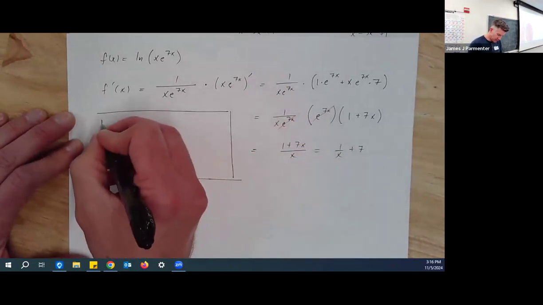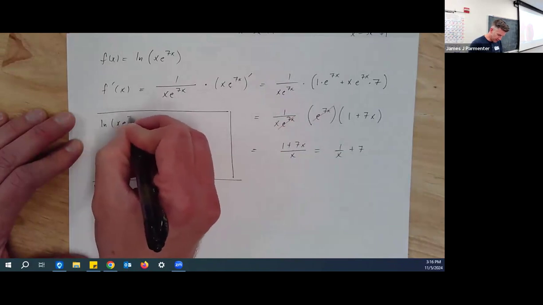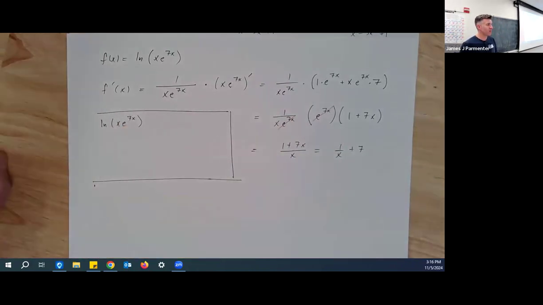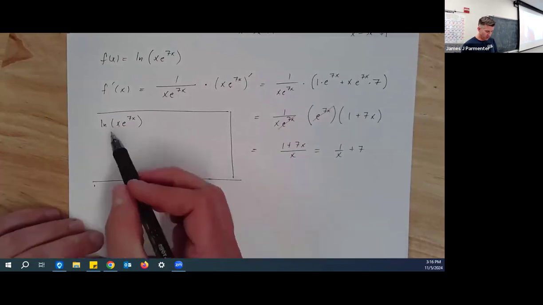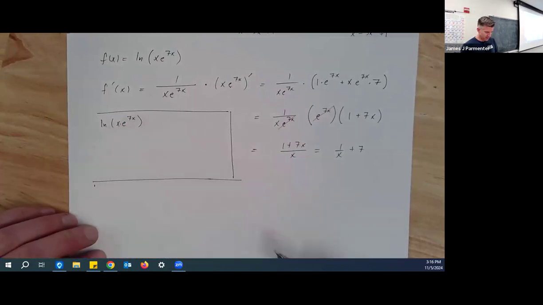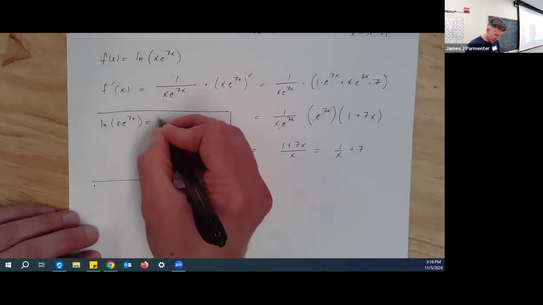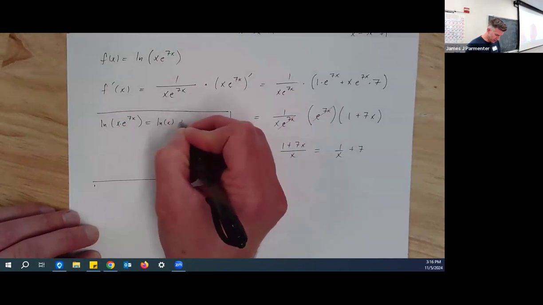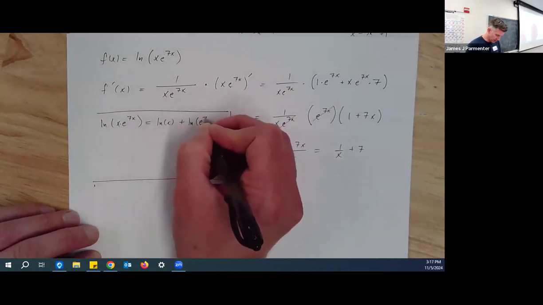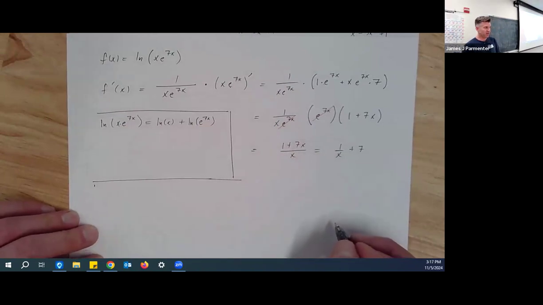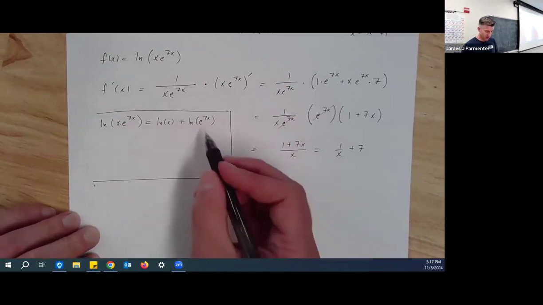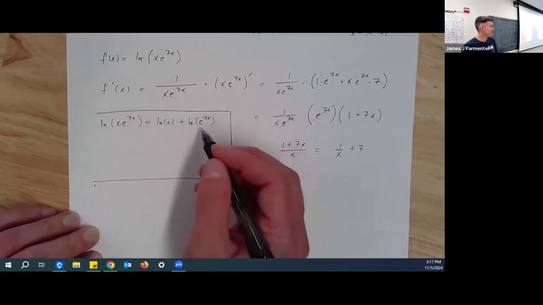So for logarithms, for the natural log of x e to the 7x, we can use our logarithmic rules. If you have the logarithm of a product, x times e to the 7x, you can break it up as the natural log of x plus the natural log of e to the 7x. And then the natural log of e to some stuff is just the stuff.